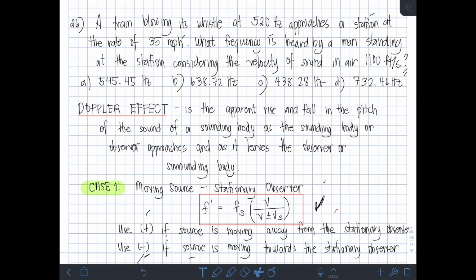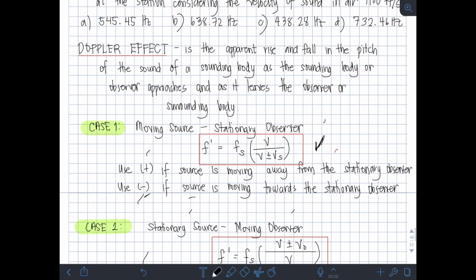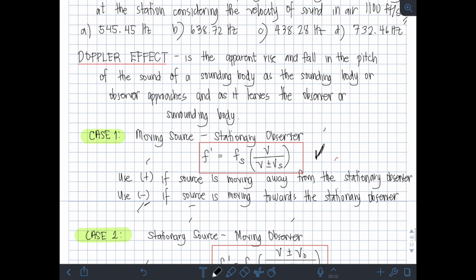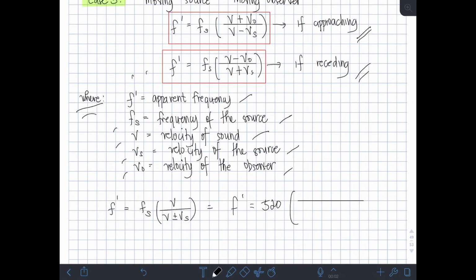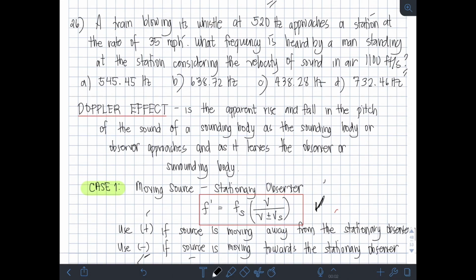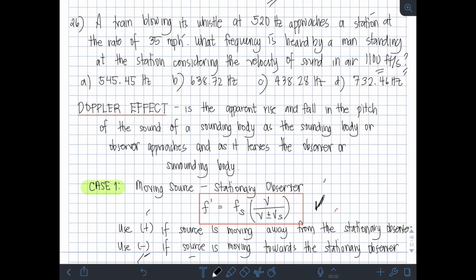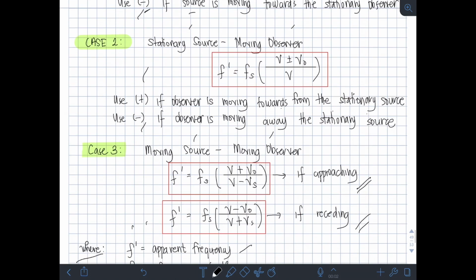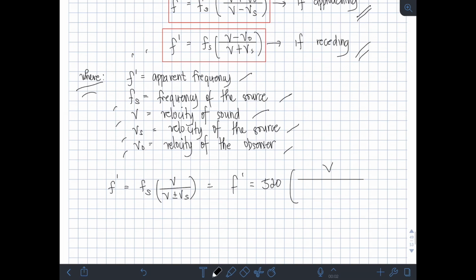So, hanapin natin itong F prime, yung apparent frequency. So, F prime is equal to yung frequency ng source is 520 Hz, right? So, 520 times V. Velocity nung sound daw is 1,100 feet per second. So, substitute natin 1,100.